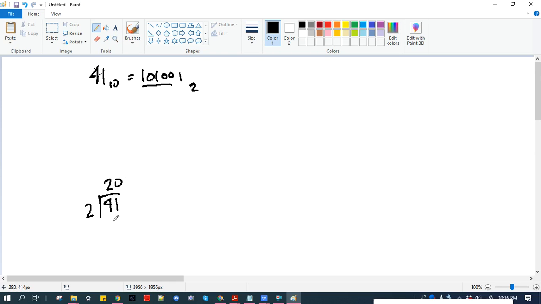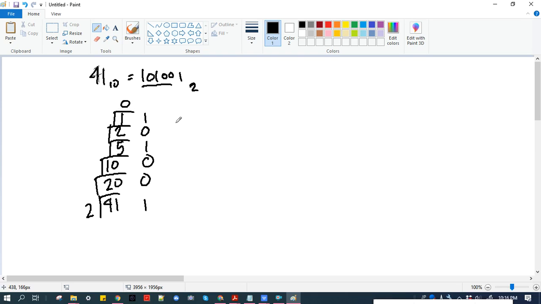Remainder is 1. Then 20 divided by 2, that's 10. Remainder is 0. 10 divided by 2, that's 5. Remainder 0. 5 divided by 2, that's 2. Remainder 1. 2 divided by 2, that's 1. Remainder 0. 1 divided by 2, that's 0. Remainder 1.